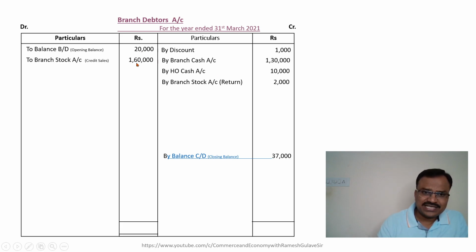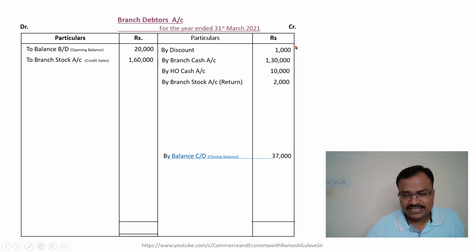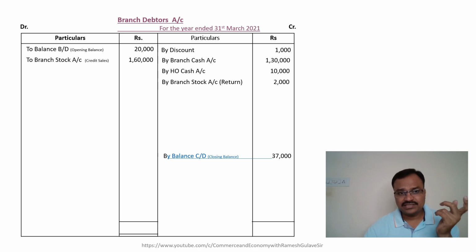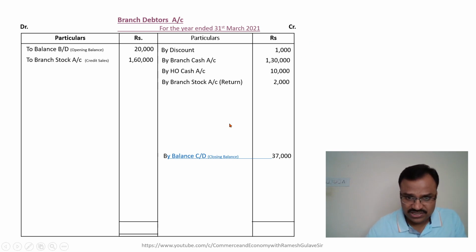Here you can calculate in this way. The debit side includes 1,20,000 and 1,60,000, which is 1,80,000, and the credit side has 1,30,000, 10,000 and 2,000. It means 1,30 plus 10 is 1,40, 1,42 and 1,43,000. So the credit total is 1,43,000 and the debit total is 1,80,000. It means there is a debit balance. The debit side is greater than the credit side, and the difference is the closing balance of debtors.